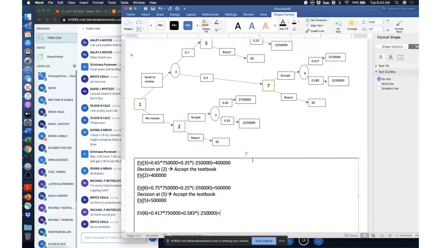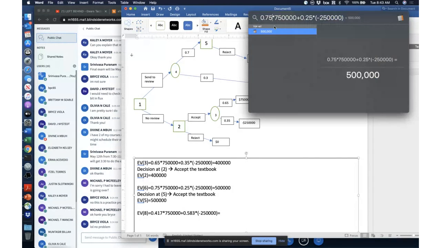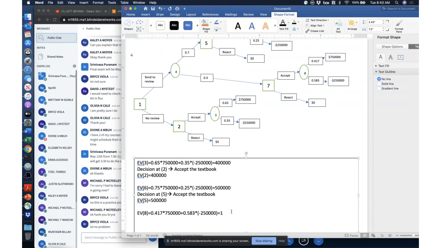This payoff is 167,000. Again, this payoff is 167,000.